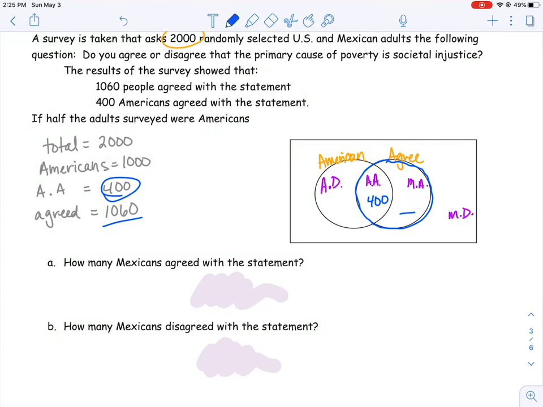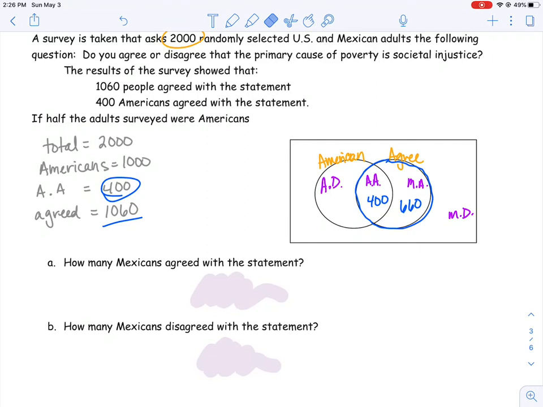So what number do you think would go outside here to make sure that I have only a total of 1,060? Yeah, wouldn't that be 660? Because now I have 400 Americans that agree. I have 660 Mexicans that agree. That is still a total of 1,060 people that agree. So be careful that you don't double up and add any extra numbers in there.